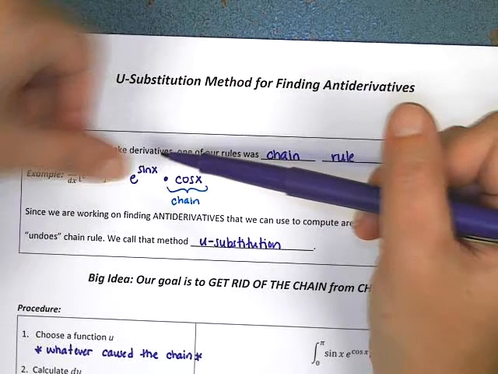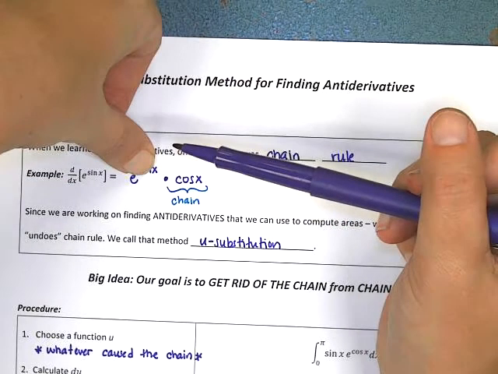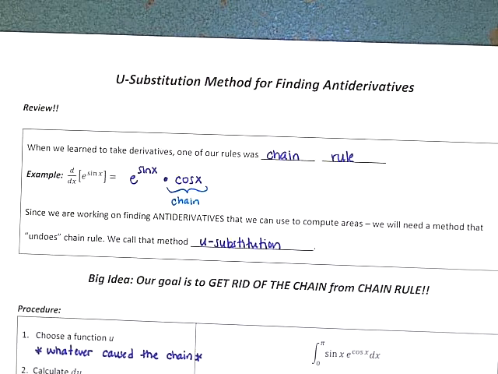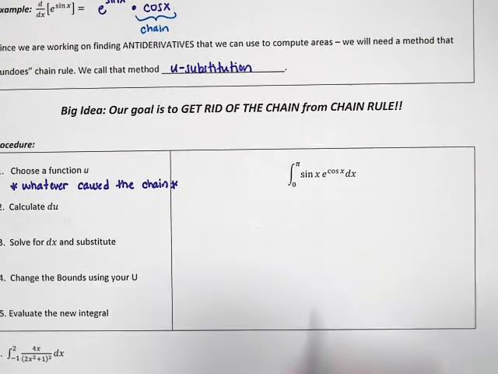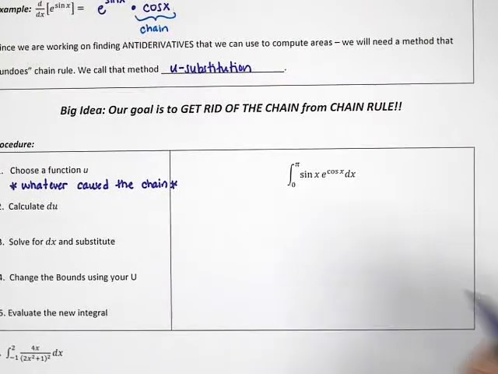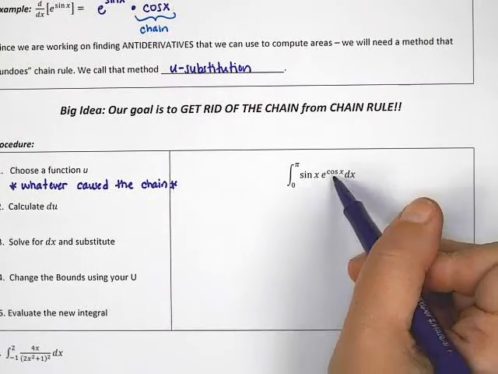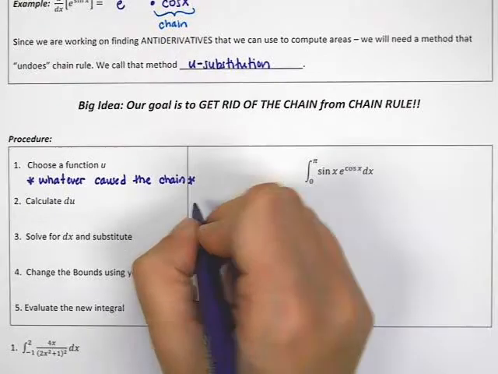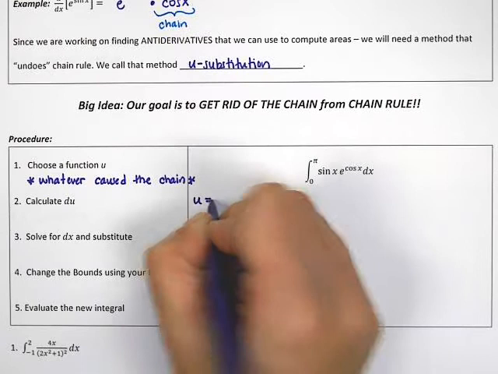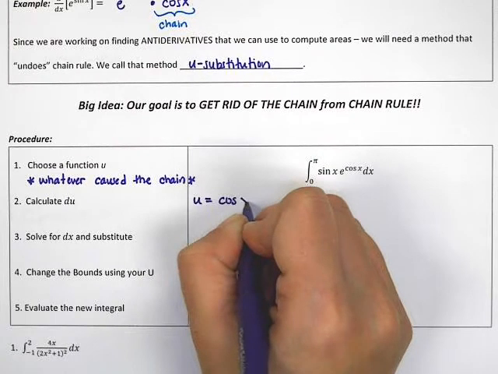If it had just been e to the x, we wouldn't have had to worry about it. So the sine being there caused the chain. If I'm looking at this guy, it's pretty clear that e is being raised to something that is not just an x. So having a cosine here would have caused the chain rule to happen. So we let u equal cosine of x.